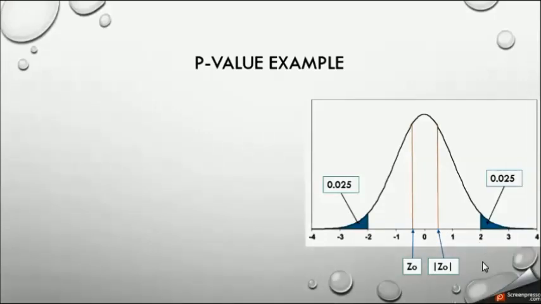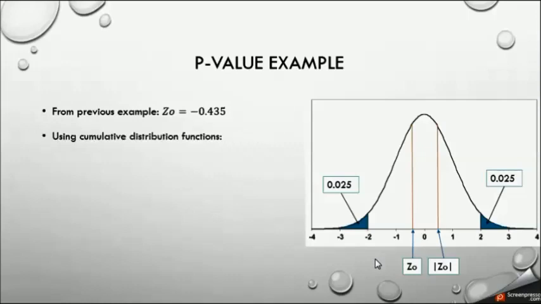So what is the p-value? In case of a two-sided test, the p-value in fact will be the area under the curve to the right of the absolute value of Z0 and also to the left of minus Z0.